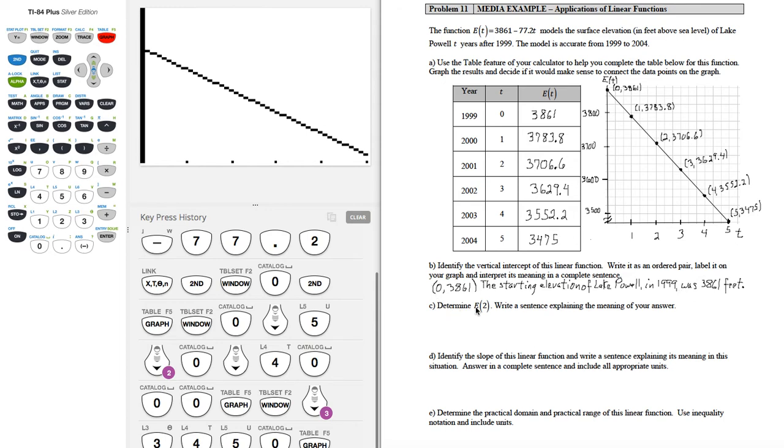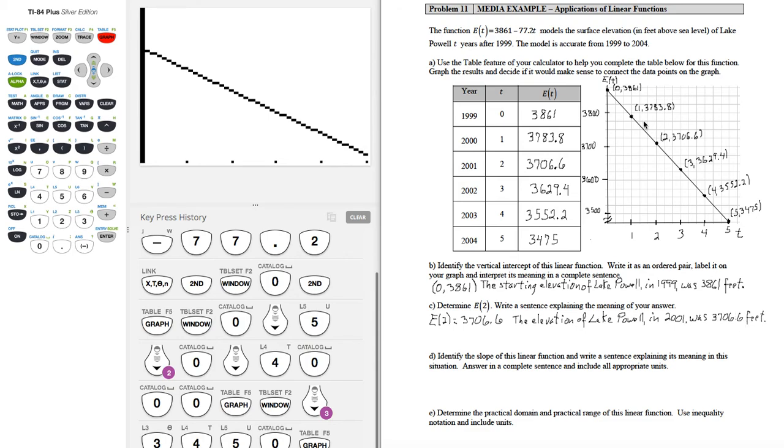Part C, determine E(2). For E(2), we can look right at our table. When the input is 2, the output is 3,706.6, and let's write that as a complete sentence. So in a complete sentence, we can write the elevation of Lake Powell in 2001, because that's what the t-value of 2 represents, was 3,706.6 feet.